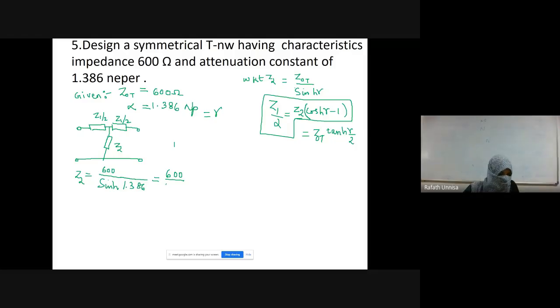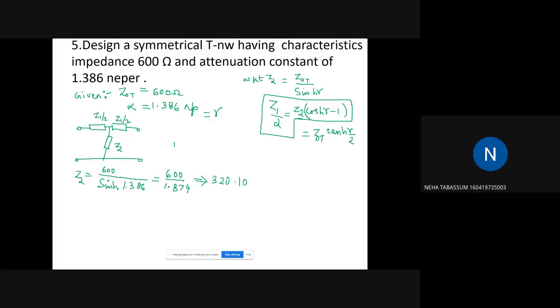How much? I am writing here. You can cross check: 1.874. Okay. Not sine value, it is hyperbolic sine. So 600 divided by 1.874. You are getting it around 320.10 ohms.